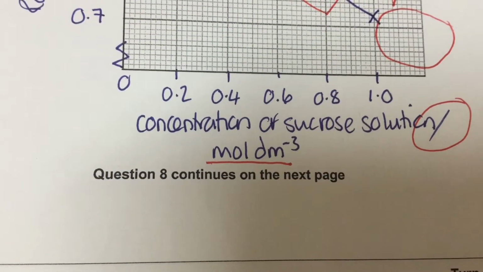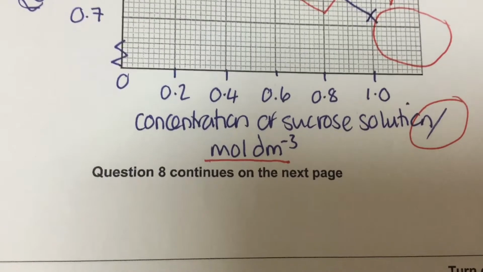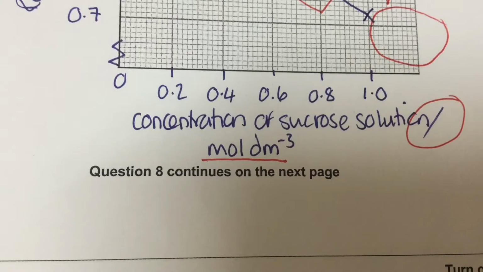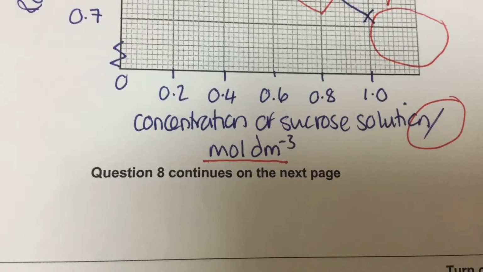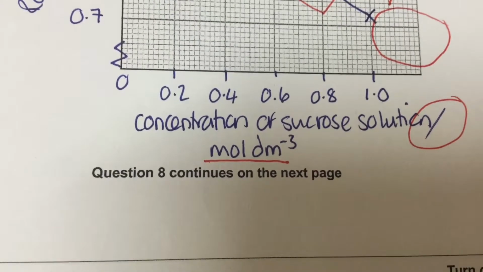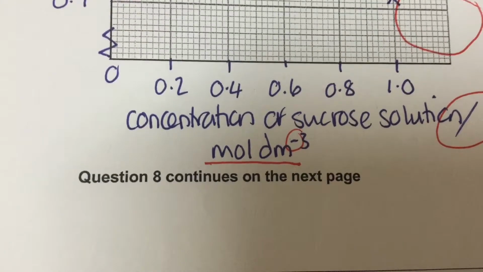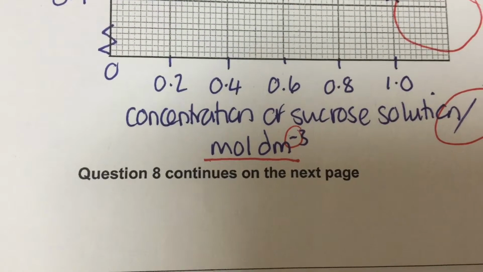That is the appropriate convention, not brackets. And this -3 here, we've got moles per decimetre to the -3. That just means per. It means per cubic decimetre. It's shorthand for per, and it doesn't mean minus in the mathematical sense.